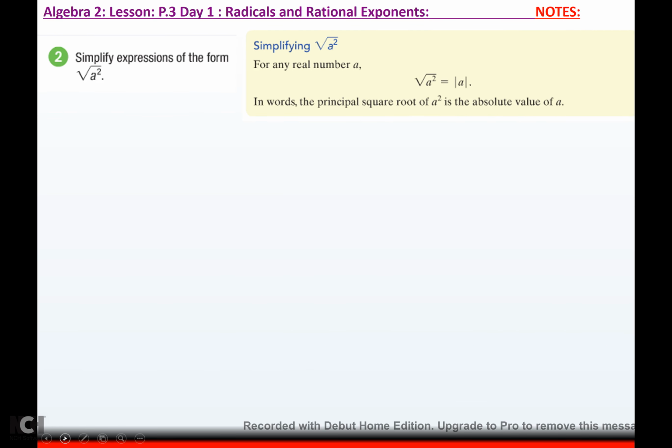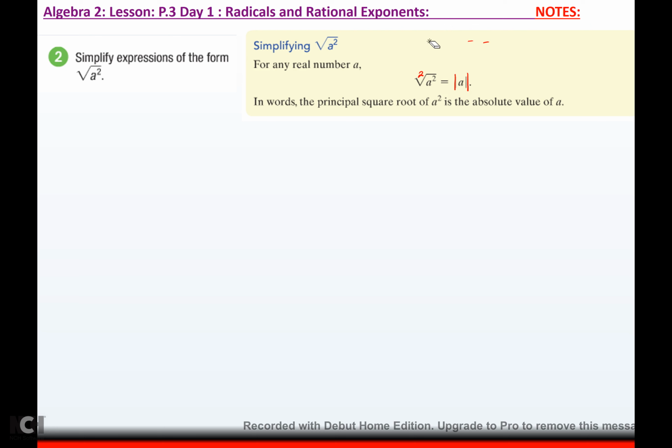All right, so simplifying the square root of a squared. If this is even and this is even, in other words they cancel each other out, your answer isn't just a, it's actually the absolute value of a. Technically, when you do the square root of 9, your answer is plus or minus 3.